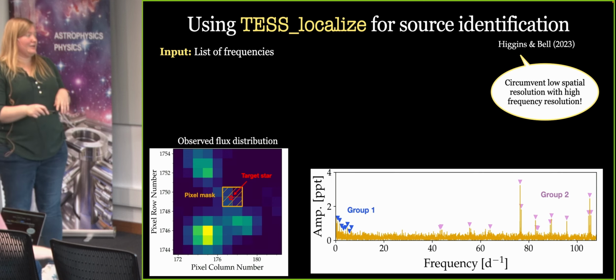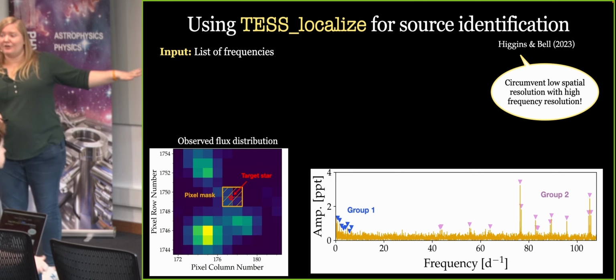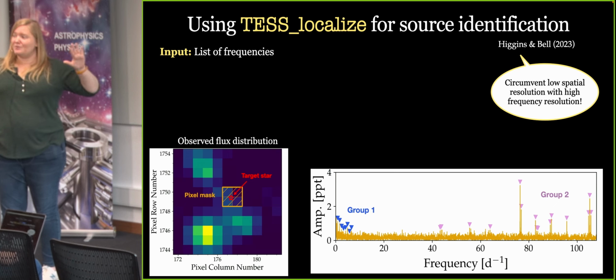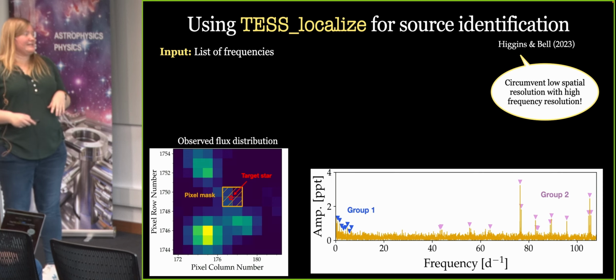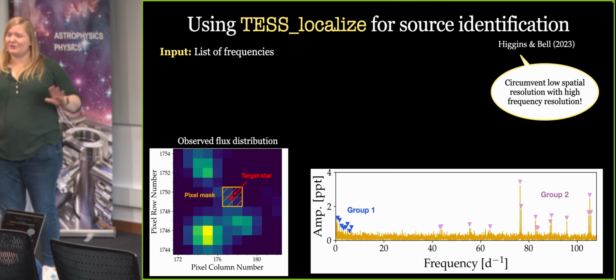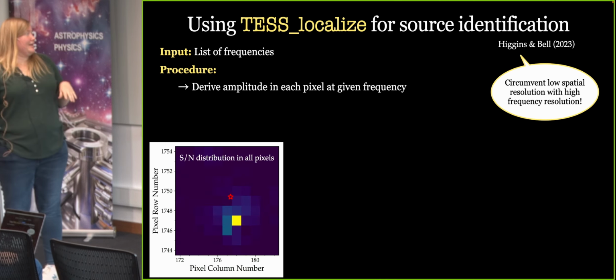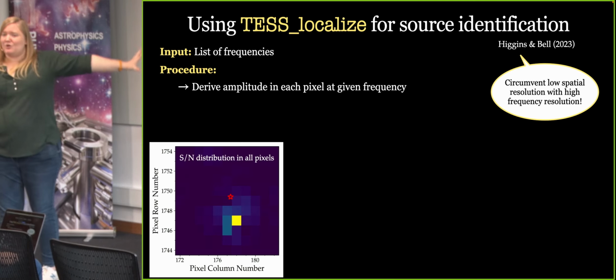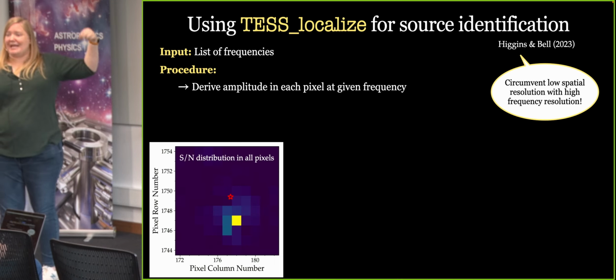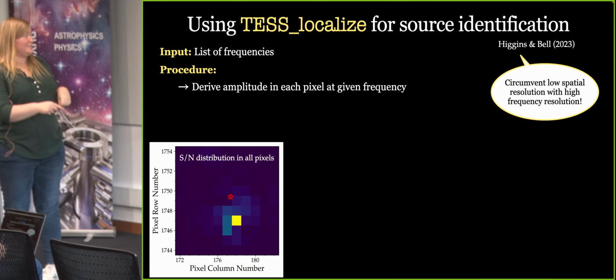And on the right, you see the Fourier transform of said light curve, where we observe two different frequency groups, one at the lower frequency end and another at a higher frequency end. So in this particular example, if we take this lower frequency group and put those frequencies into the code, we essentially go through each pixel and determine the amplitude or signal to noise we get for these frequencies in each pixel.